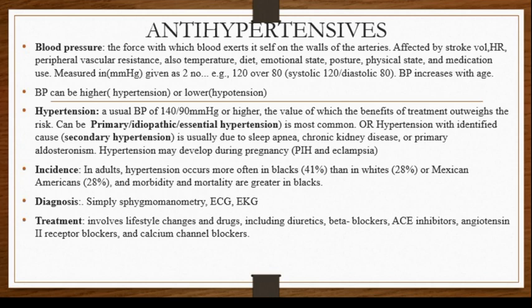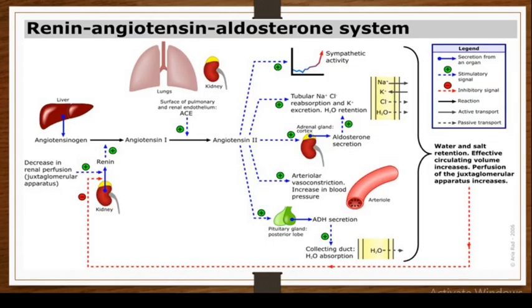I want us to have an overview of these two major systems, and later on we shall look at how these hypertensive drugs will interfere with each of these processes. The first system I want us to look at is the renin-angiotensin-aldosterone system.